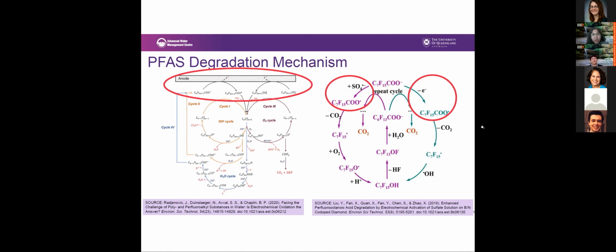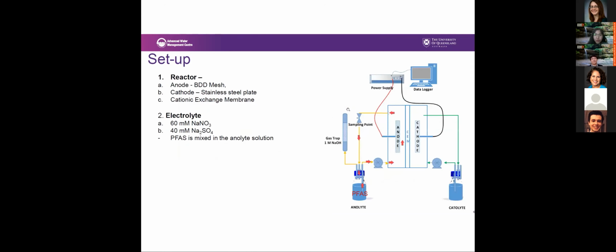They propose that aside from the pathway where PFAS degradation is initiated with direct oxidation at the anode surface, sulfate radicals are also able to initiate PFOA degradation by indirect oxidation. My study is focused on investigating how the presence of sulfate radicals affects PFAS degradation.